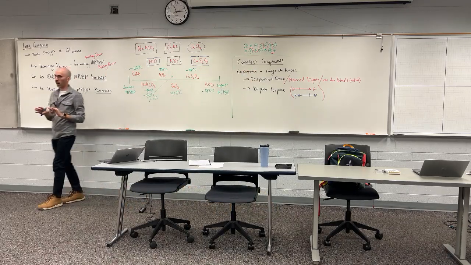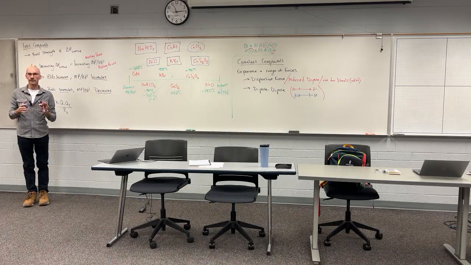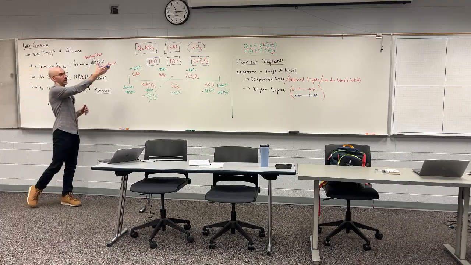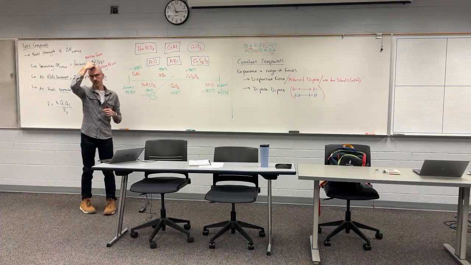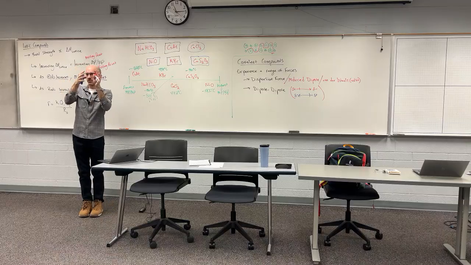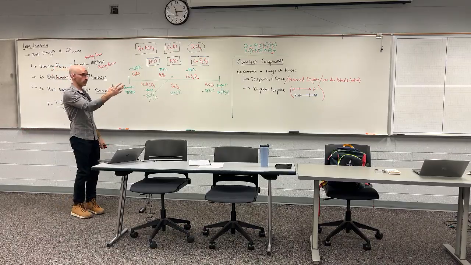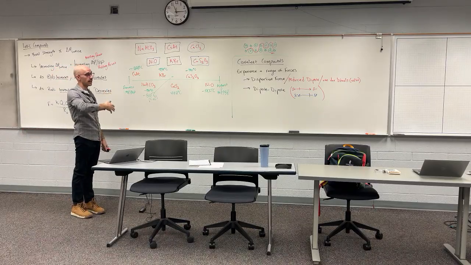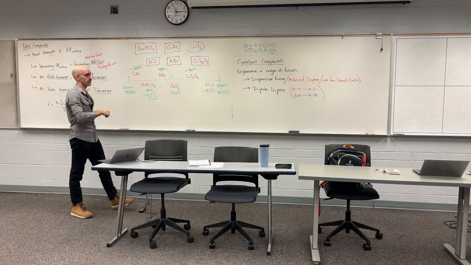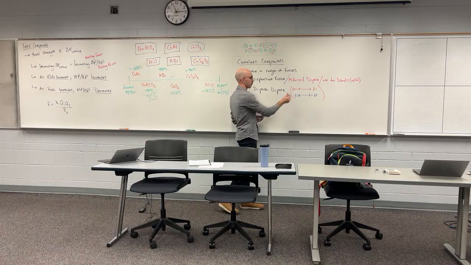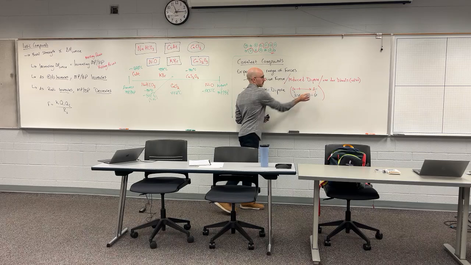And remember, partial positives, partial negatives, those are not true formal charges. Those are not ionic charges. So it's really just, there's a little bit of extra density of electrons here, a little less electron density over here, and those little extra, little deficient densities in electrons allow for these partial positive to partial negative attractions.